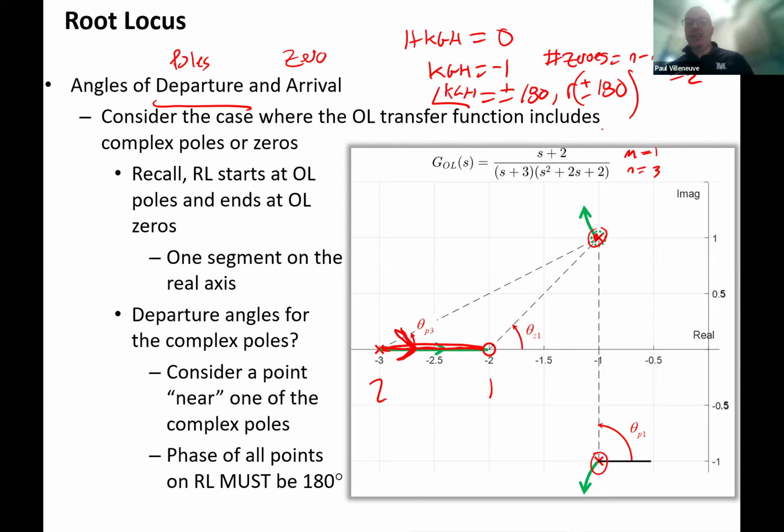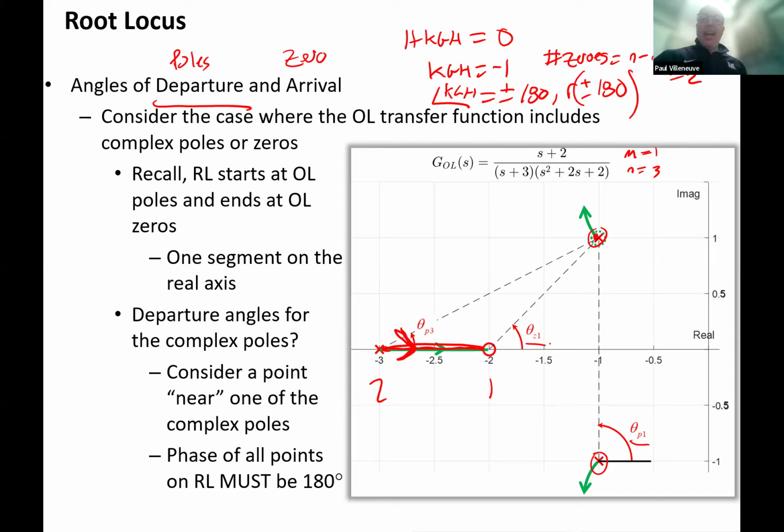All right, so here is our angle calculation. Sorry that it's hard to see. I'll move that up over here. So we've got to calculate this departure angle. The first thing is theta sub P1, which is the angle that goes from that one complex pole to the other pole.